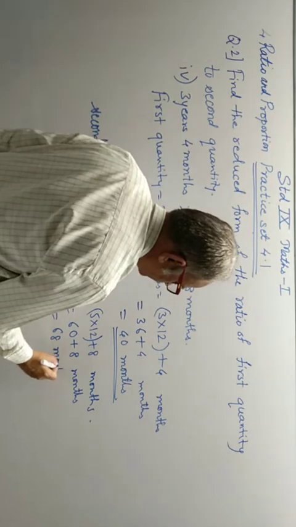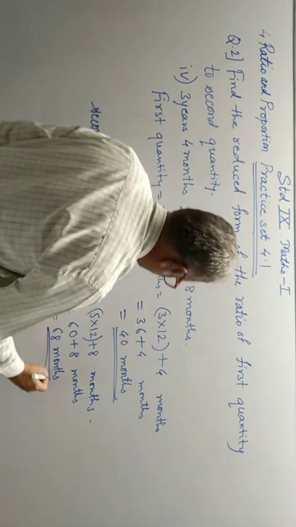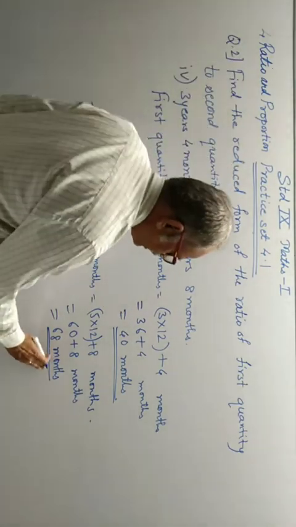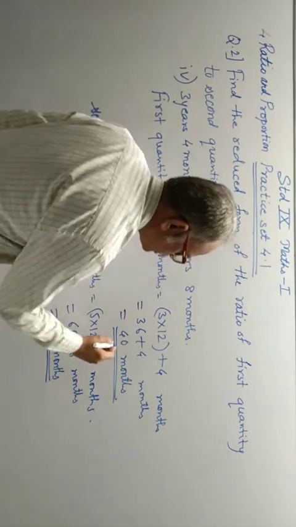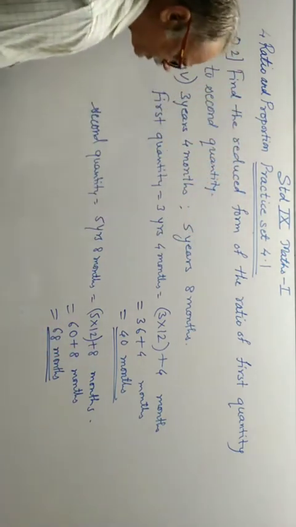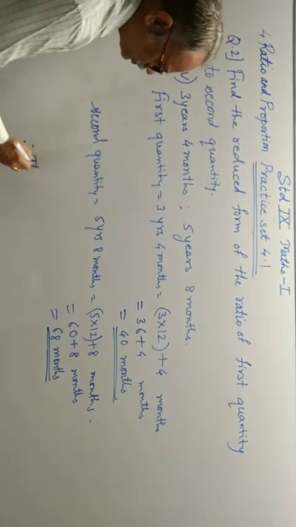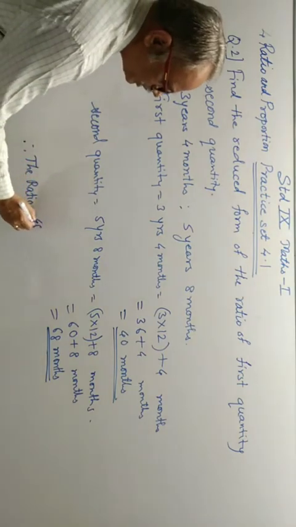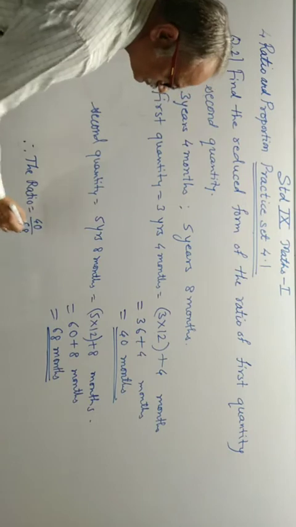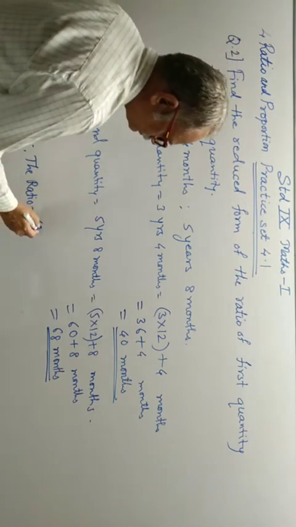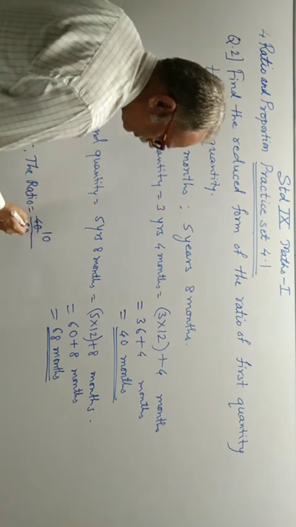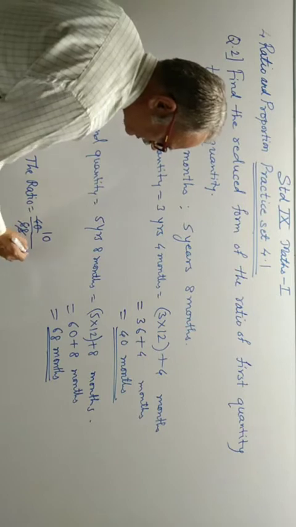Now we have to take the ratio. Therefore the required ratio is 40 upon 68, first quantity to second quantity. Dividing by 4: 4 tens are 40, 4 ones are 4, 2 remain, 4 sevens are 28.